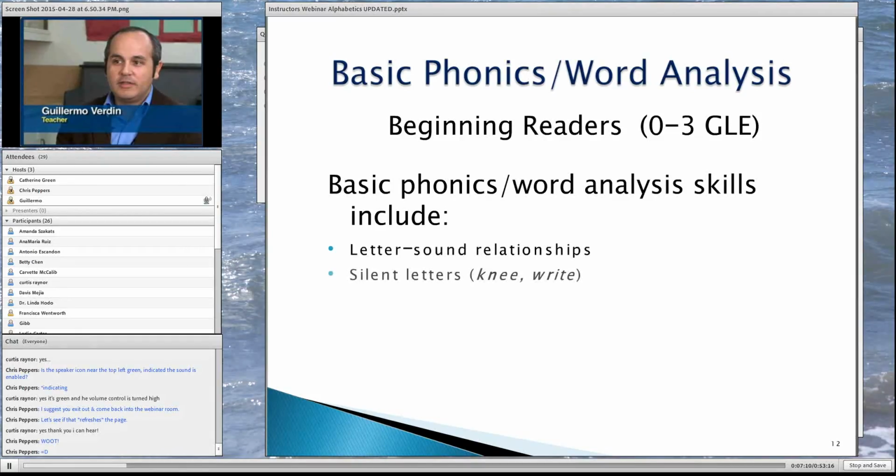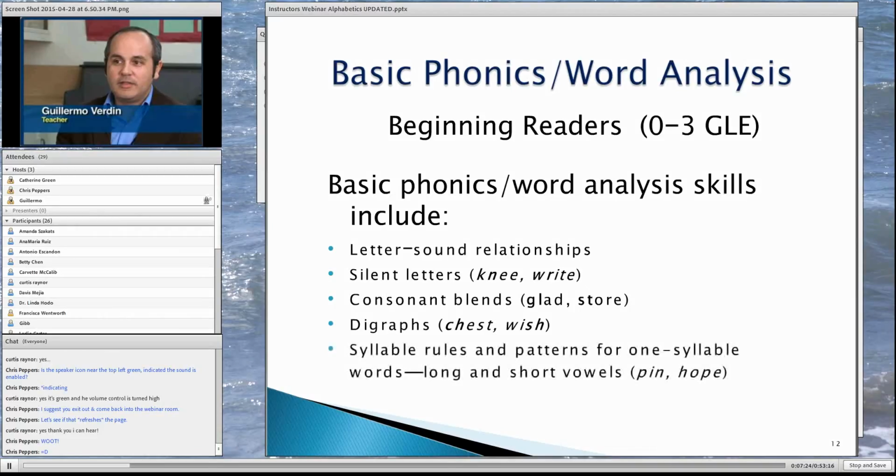It includes the silent letters. It includes learning the consonant blends. It also includes the syllable rules, digraphs, forgive me. It includes digraphs, and it also includes the syllable rule patterns for one syllable words, in addition to the long and the short vowels. This is the focus for the beginning readers when it comes to basic phonics and word analysis.